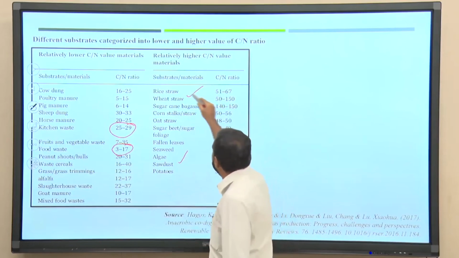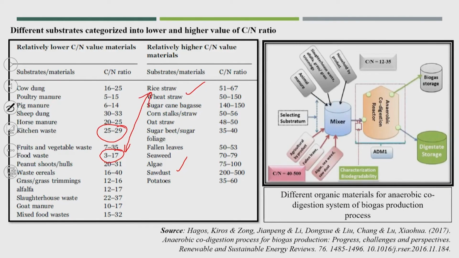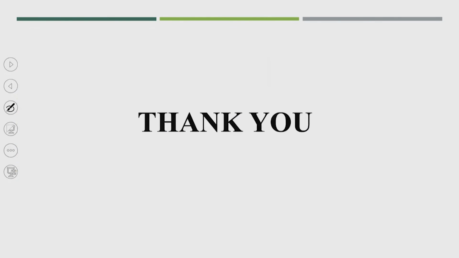So, by mixing these at a particular concentration, we could attain the proper carbon to nitrogen ratio. If you mix high C/N ratio and low C/N ratio substrates in the same reactor at proper concentration, we can get proper biogas production, and good quality digestate is also possible.